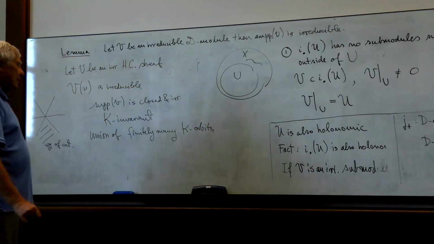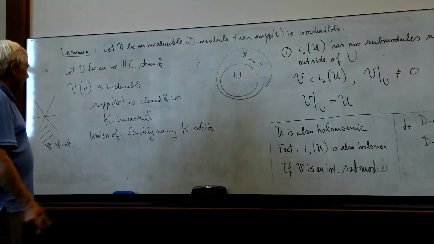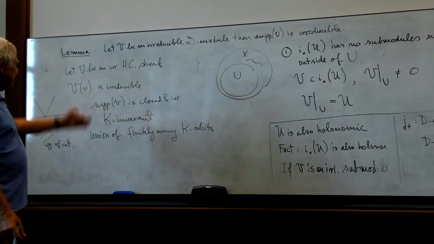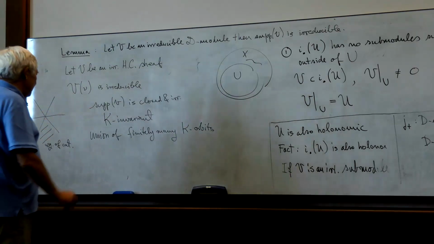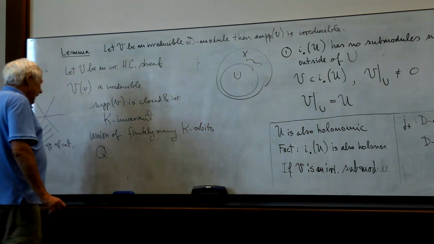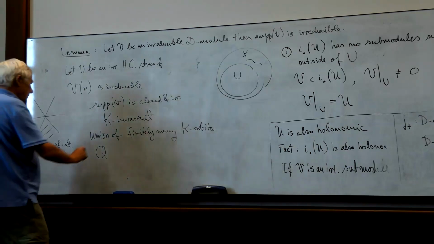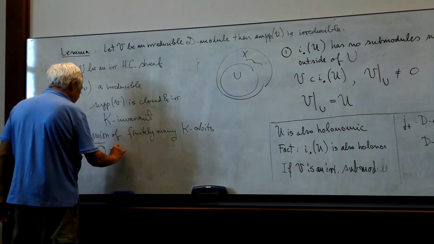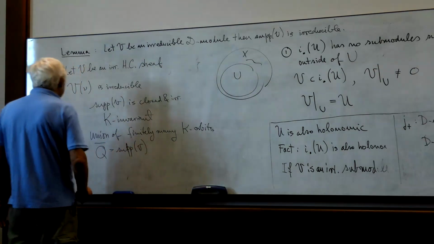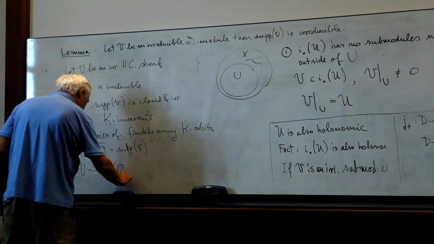But then there must be a K-orbit which has the same dimension as the support of V. Let's denote it by Q. And Q is dense in the support of V, and since the support of V is irreducible, Q bar is the support. So we attach to V the orbit Q.